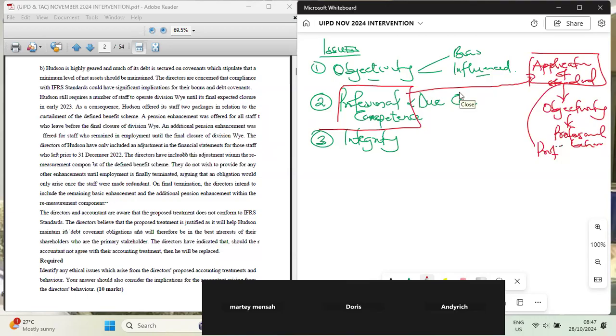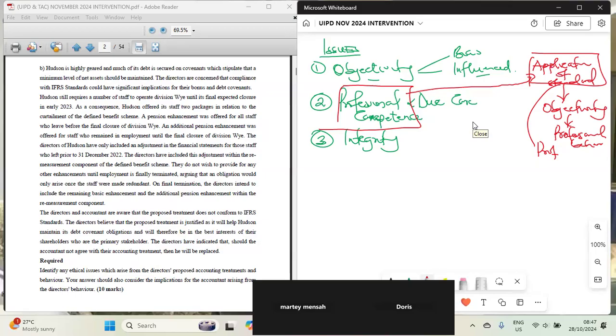This also is wrong, and it has to do with professional behavior, just as you explained, both the competence and the behavior. Yes, that's very true. You are able to boldly say these things because you know IAS 19. That is it. All right, Doris, you can go ahead.